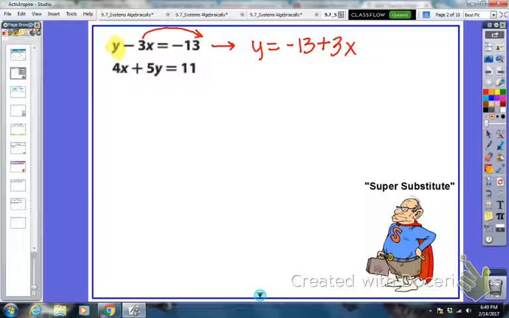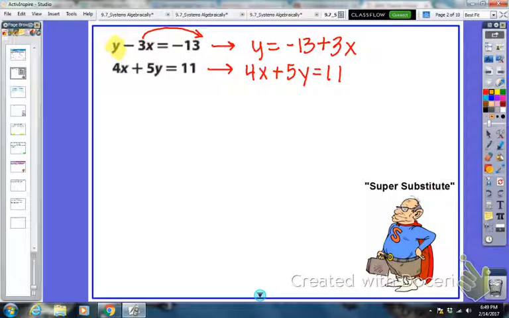Alright, my second equation I'm just going to rewrite again so they're underneath each other: 4x plus 5y equals 11. So, again, we have a teacher calling in sick, Mrs. Y. Say, for example, she calls in, she has explosive diarrhea that day, so she needs a super substitute to really come in to do her job.